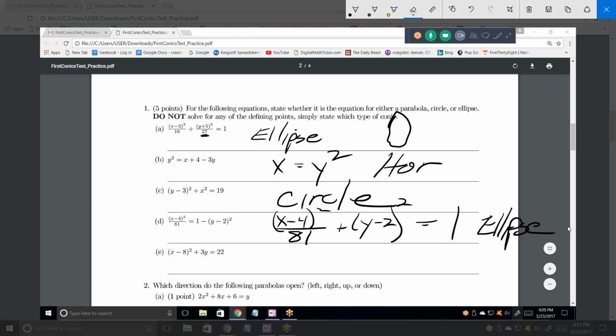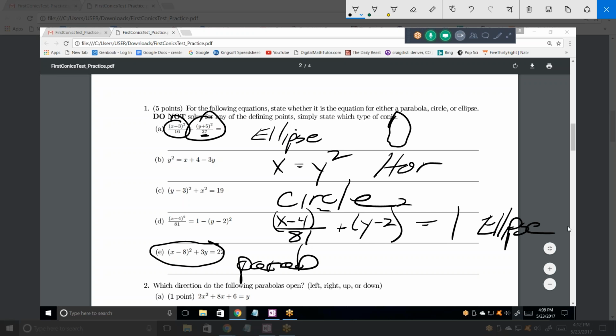Because with circles, both terms are squared. Ellipses, both terms are squared. Hyperbolas, both terms are squared. Doesn't look like you've had hyperbolas yet, but with a hyperbola, both terms are squared also. So whenever you see one term is not squared, you know it's a parabola. It's just a question if it's a horizontal or a vertical parabola.